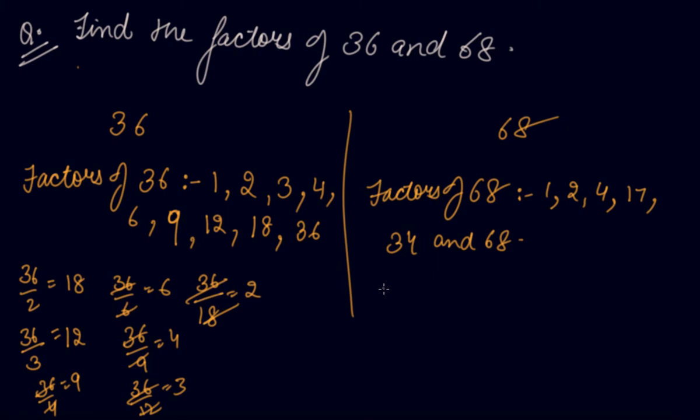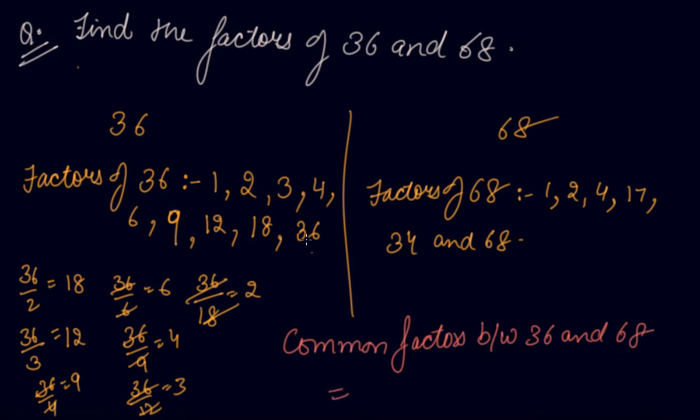Now if you have to find out the common factors between 36 and 68, can you find their common factors? 1 is a common factor, then 2 is a common factor, and then 4 is a common factor. Right?